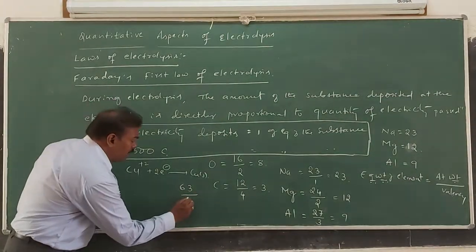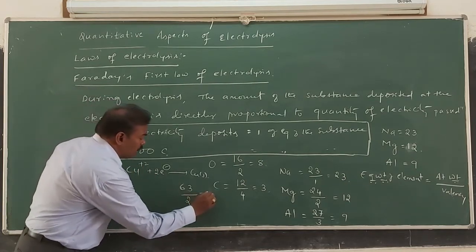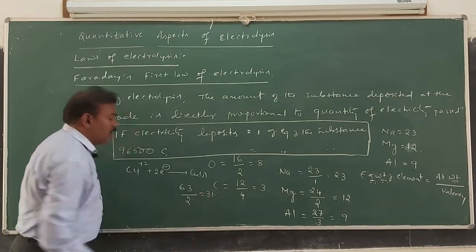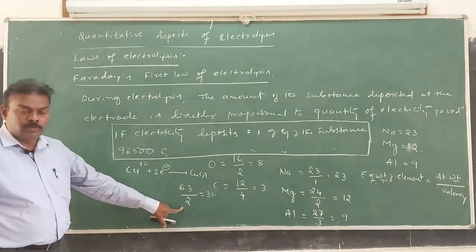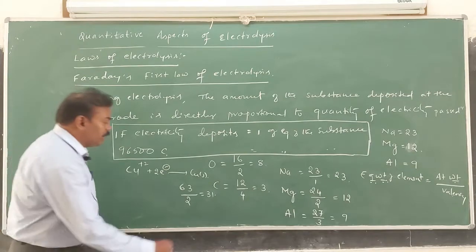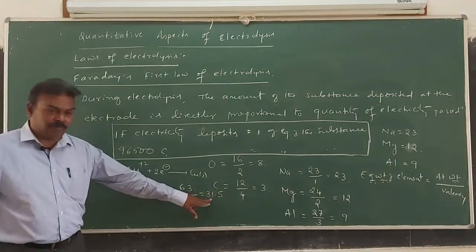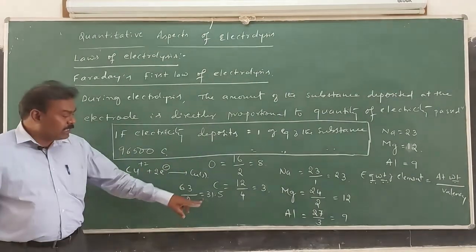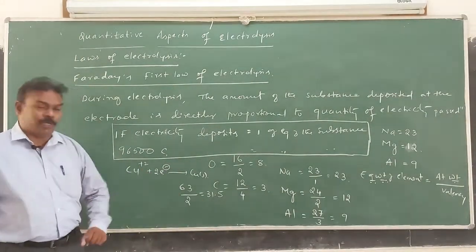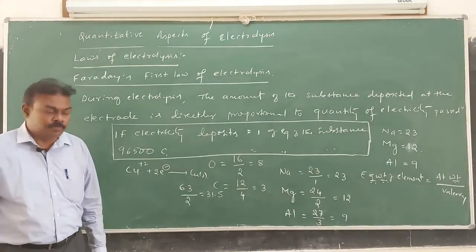Equivalent weight of copper is 63 by 2, because the valency of copper is 2, which is 63 divided by 2, that is 31.5. So 31.5 is the equivalent weight of copper.